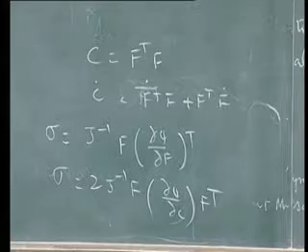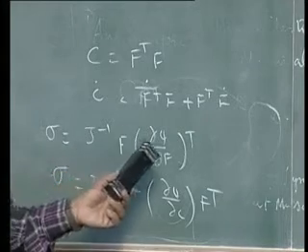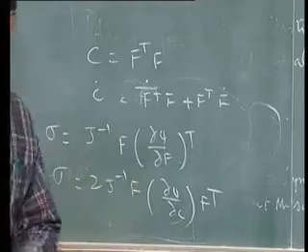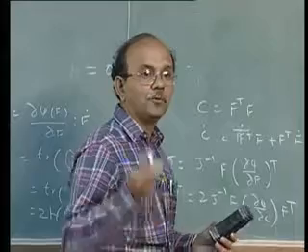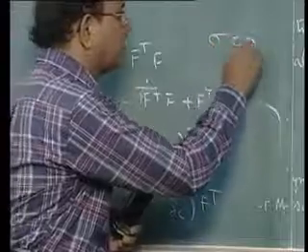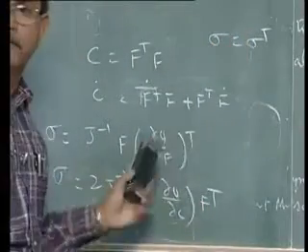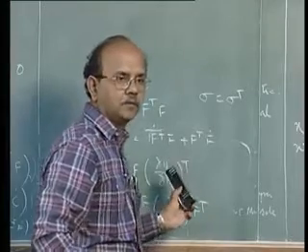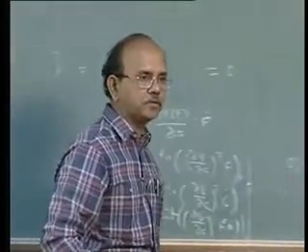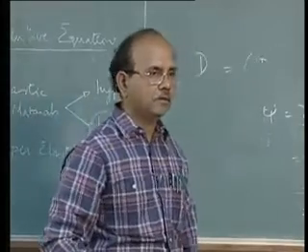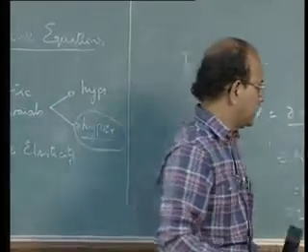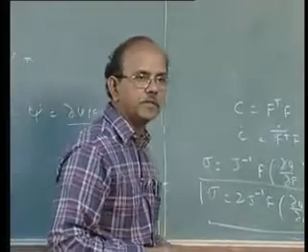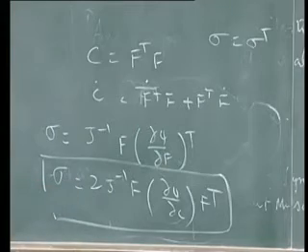J inverse P F transpose, but P transpose, both of them are the same, because note that sigma is equal to sigma transpose, hence whether you write it as P F transpose or the other way, it will be the same. So that is the relationship between sigma and dou psi by dou C.